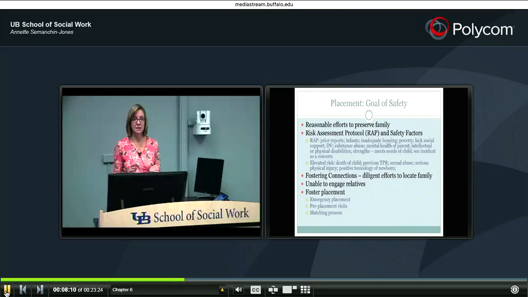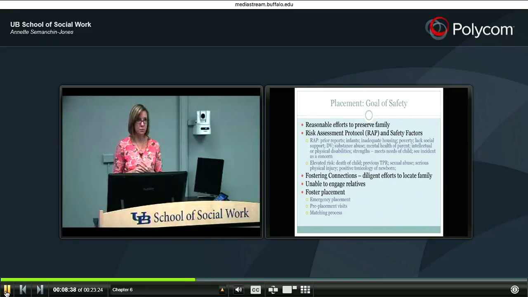And risk is assessing, is there a risk for future issues of safety? We've talked about this in previous modules, about what specific factors are looked at. So I listed those here, but I'm not going to go through them. But that's one way, using a really effectively implemented standardized tool to assess risk. So that's one way that workers can make that decision.